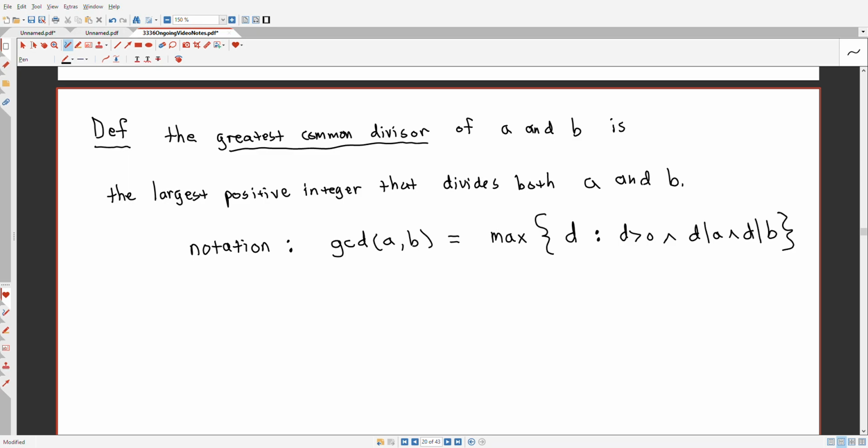Okay, so let's try some examples, right? And then what we're really after is the following. We're going to figure out a way to try and compute a GCD. All right.